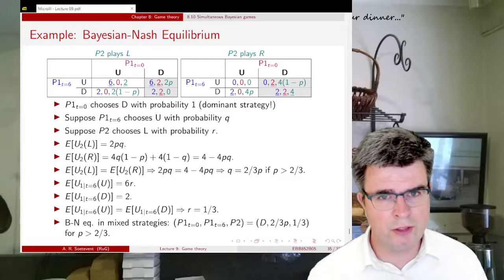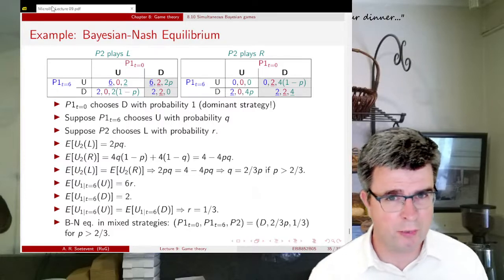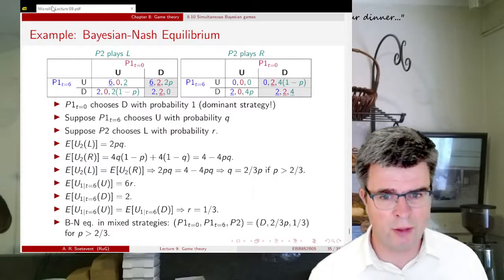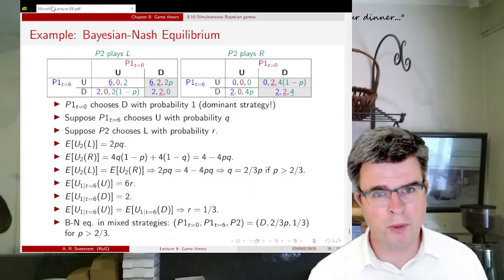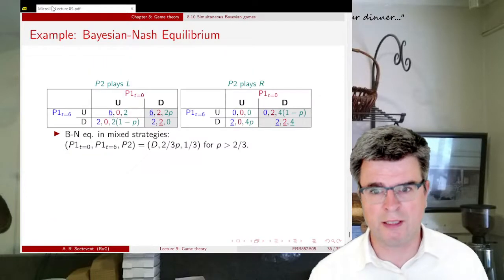When you do calculations like this, you can easily make a mistake, so it's always worthwhile to check whether you did everything correctly. So let's check these expressions by plugging in a specific value for P, the probability that player 1 is of type T is 6.